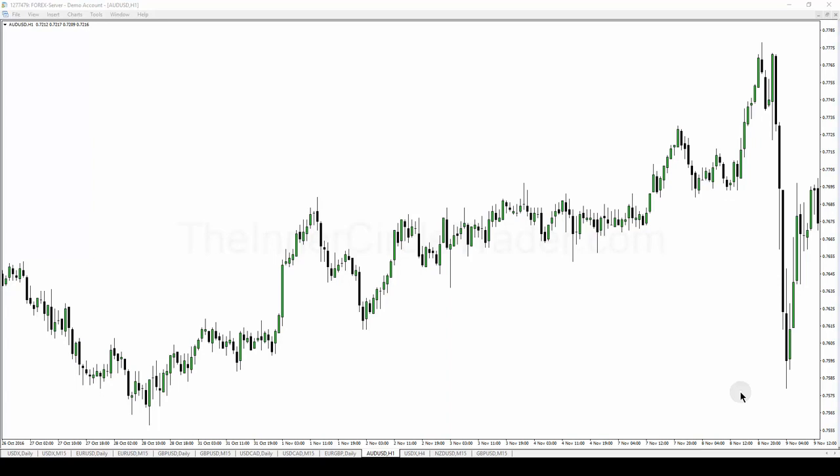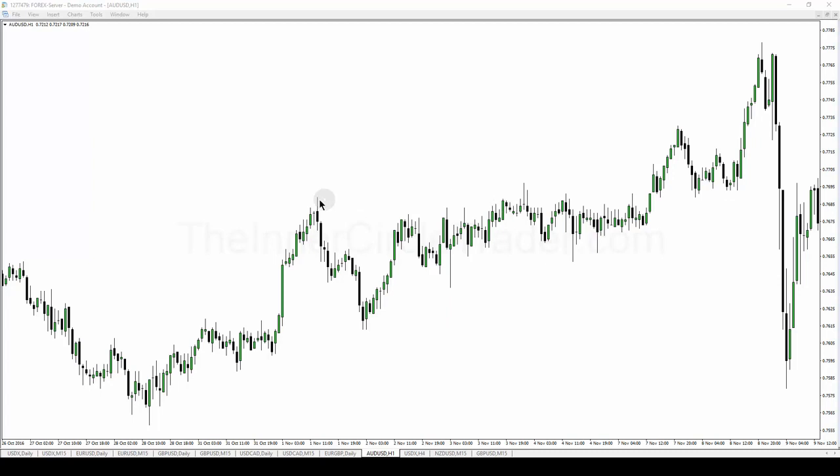Before we get into it, I want to talk about measured moves and clean highs and clean lows. If you look at this price action in here, we have a drop down in price with relatively equal highs.